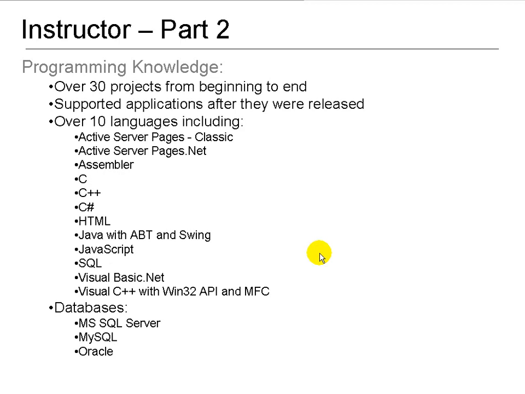I have been on over 30 projects from beginning to end, and this is the most important thing. I had to support those applications after I released them, which meant my phone rang if there was a problem. And I very quickly learned what to do and what not to do to be a successful programmer.